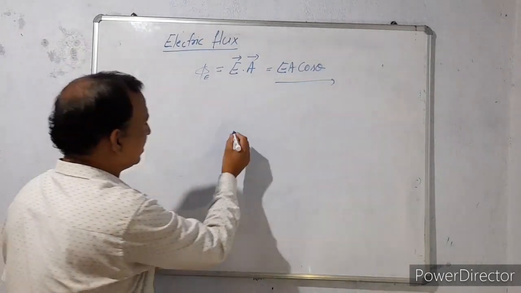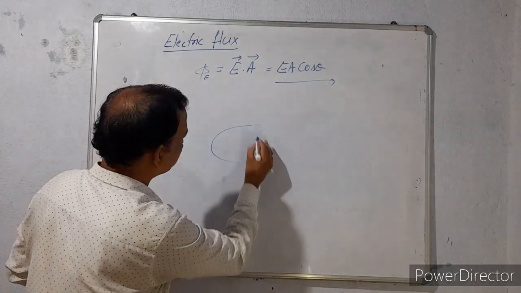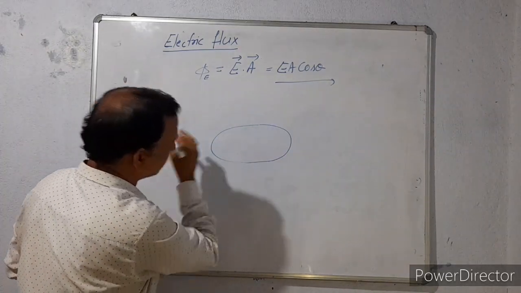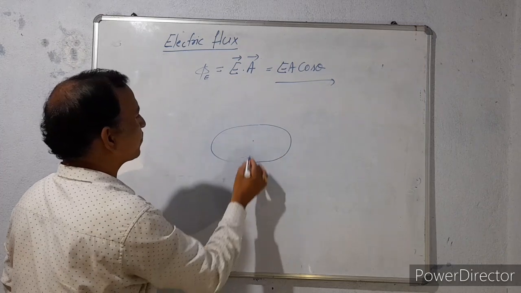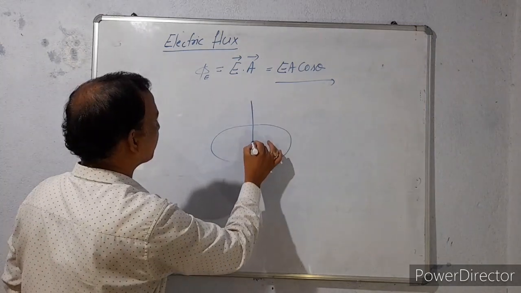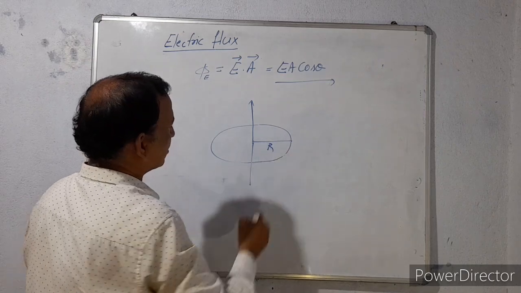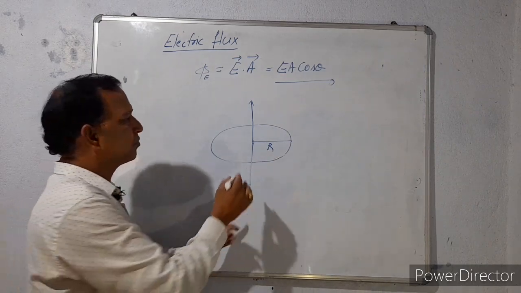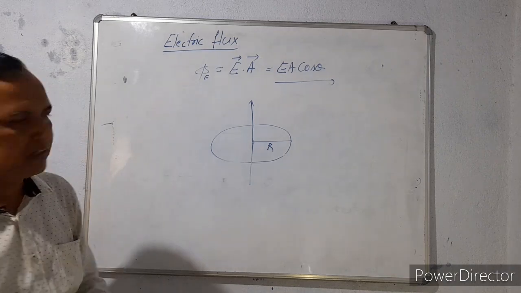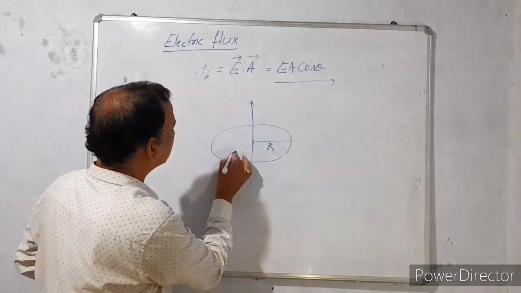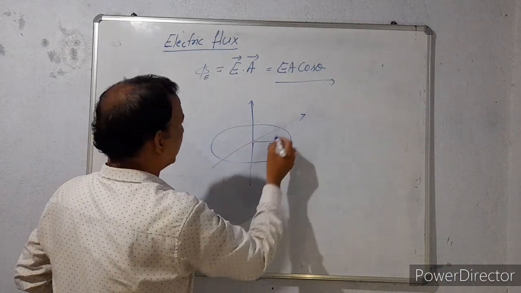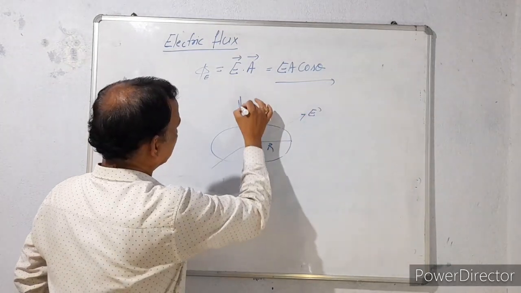In case of a circular surface, the radius is R, and the electric field is in this direction.